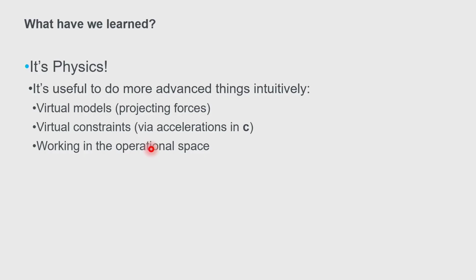But end effector space doesn't have to be 6D Cartesian space. It could also be some weird operational space where your robot has two hands, but they can only translate, and then you get a weird 6-dimensional space, and you may get collisions within this. No one has ever done this, but you have the tools to think about it now in a different way. Oh, there's my operational space.